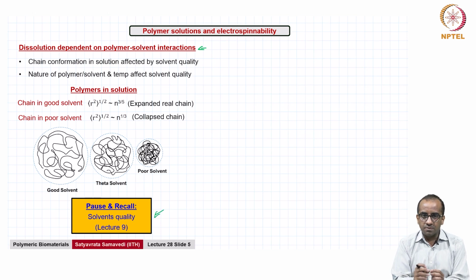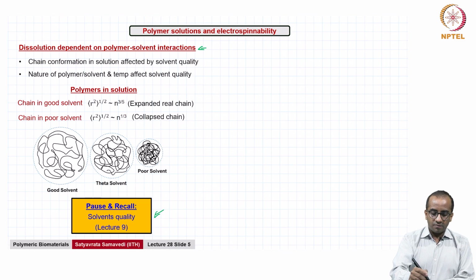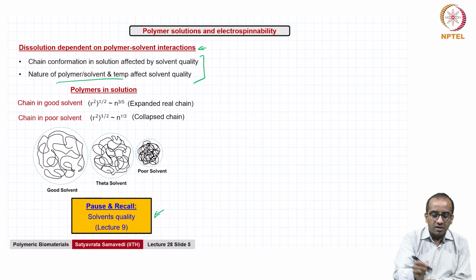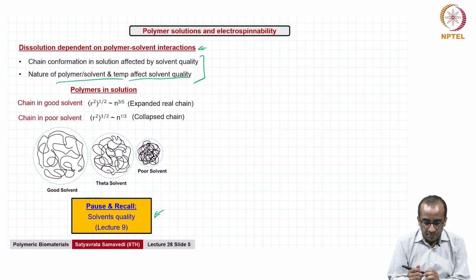So some of those concepts have to be recalled at this stage for us to proceed with the discussion. So firstly, we note that this dissolution is dependent on polymer solvent interactions. So the chain conformation in solution is affected by the solvent quality, whether it's a good solvent or a poor solvent, and the nature of the polymer solvent interactions and the temperature affect the solvent quality, right?